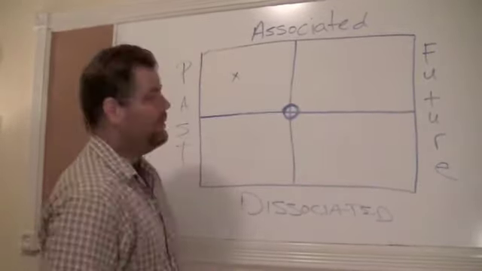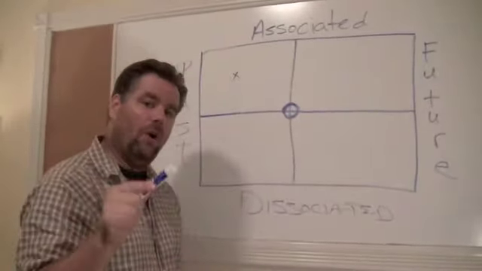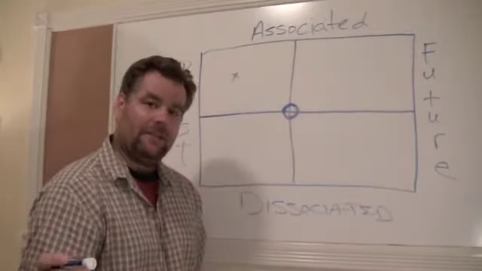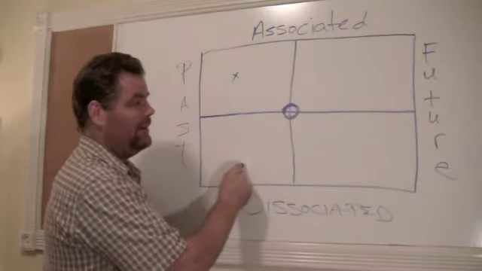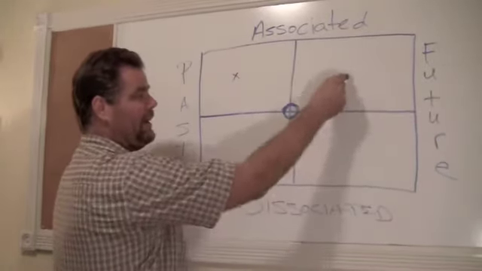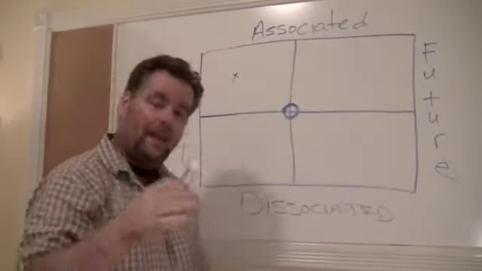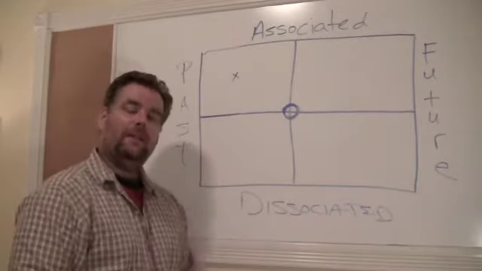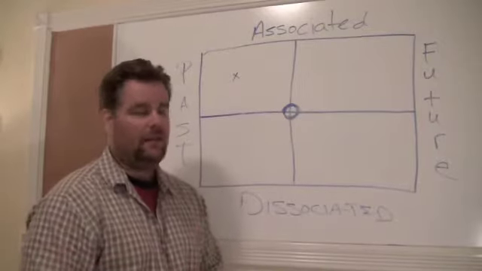If I, as a person, have the skill to go here, here, here, or here anytime I want to at will, all of a sudden I'm never stuck. If here is a problem, I'll go here. If here is a problem or here is a problem, I'll just go somewhere else. The whole idea is to be able to move around the quad map and direct my attention when I want and how I want.